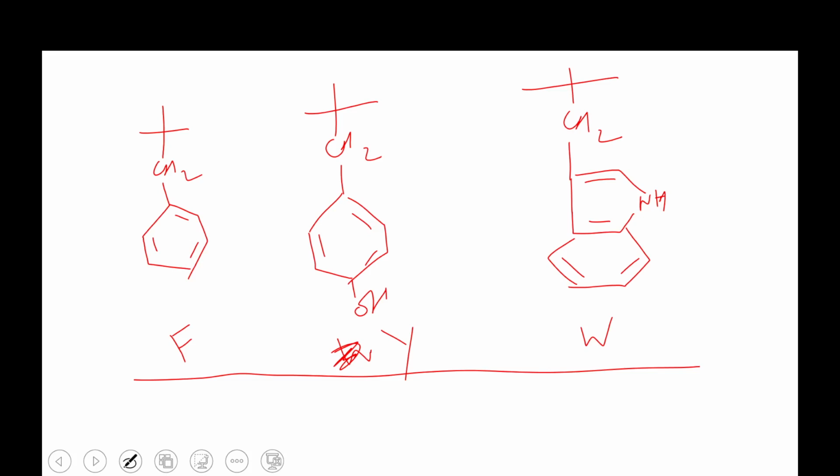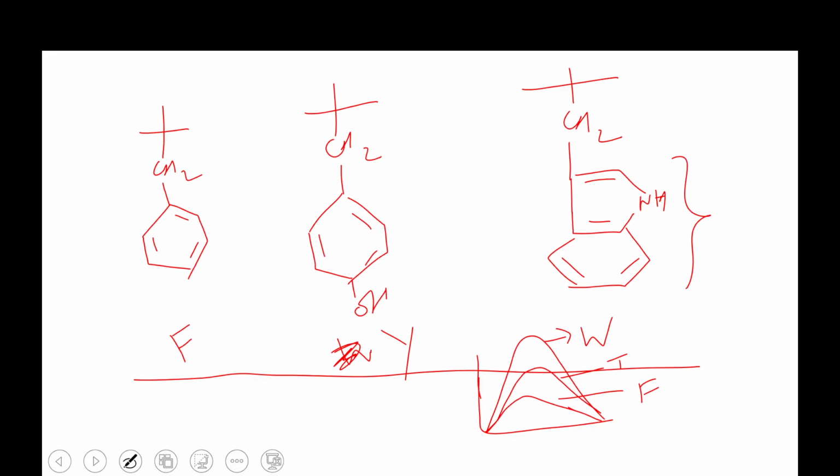If we see the order of absorption, the least absorption of light is found in phenylalanine. More than that, we have tyrosine, and tryptophan absorbs maximum light because tryptophan has 2 aromatic rings.